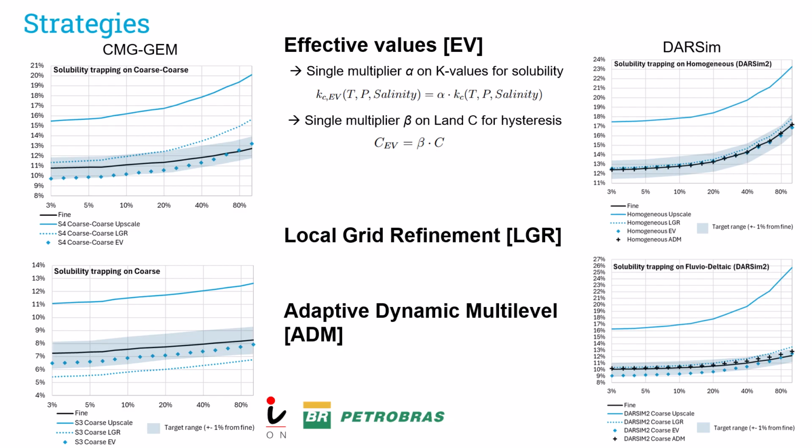In effective values, we multiply by alpha and beta the K values for solubility tables and the Land C parameters for hysteresis as a way to change the expected solubility of coarser cells. And by doing so, we can get the curves back to the expected ranges.